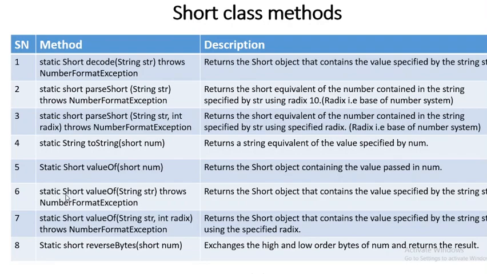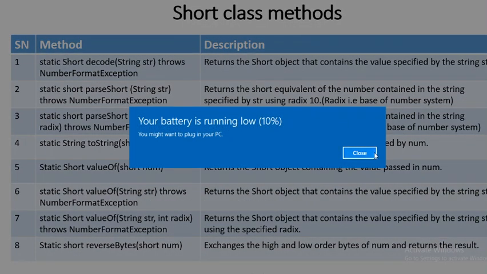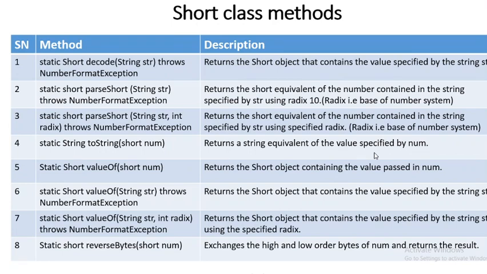Static return type is... so here the third method. Depending on whatever string is given over here, that will be converted into a short value by using the specified radix, and if the conversion is not possible, NumberFormatException will occur.